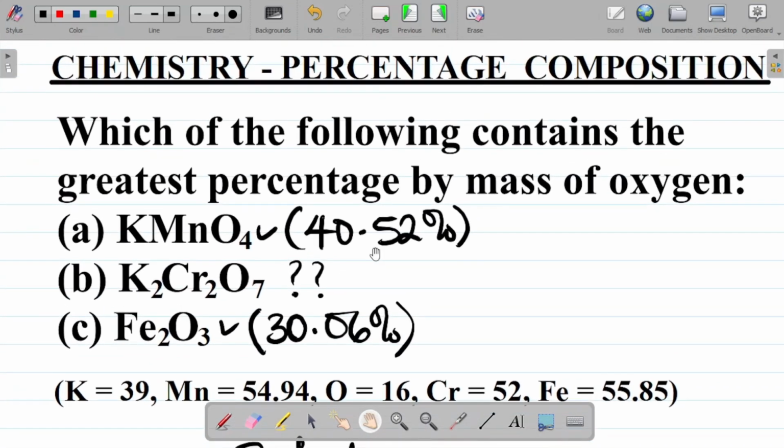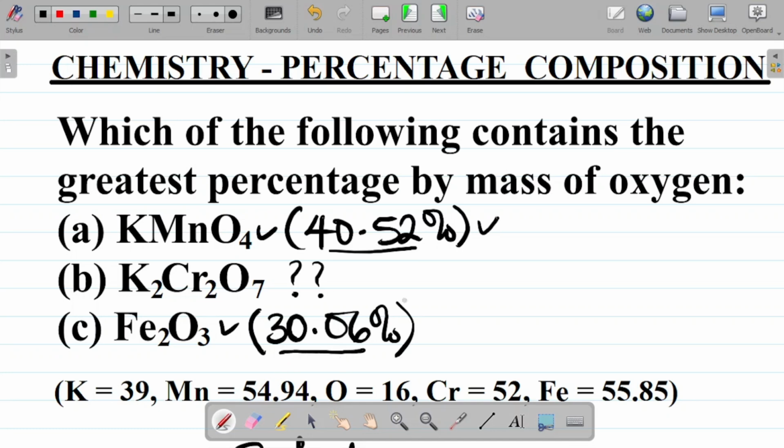Now the question here was, which of the following contains the greatest percentage by mass of oxygen? From what I can see here, potassium tetraoxomanganate 7 is having a higher percentage value for the mass of oxygen than iron 2 or iron 3 oxide.